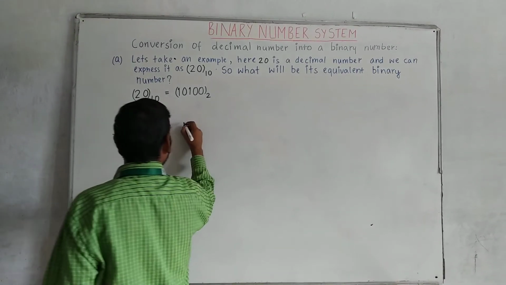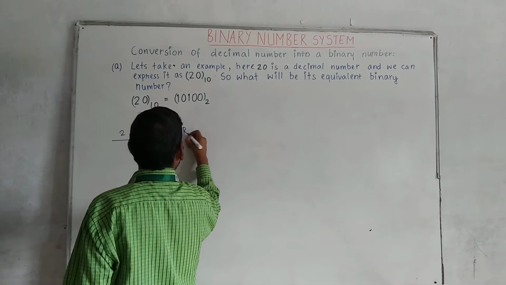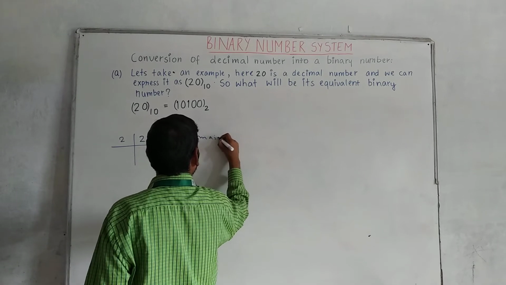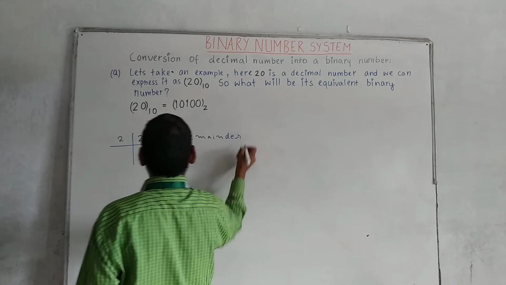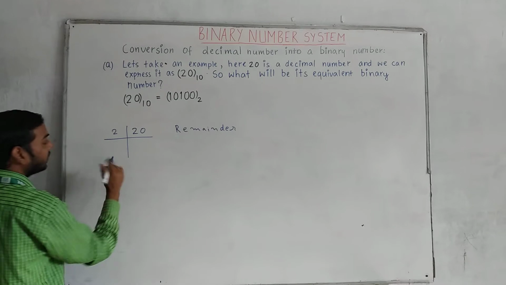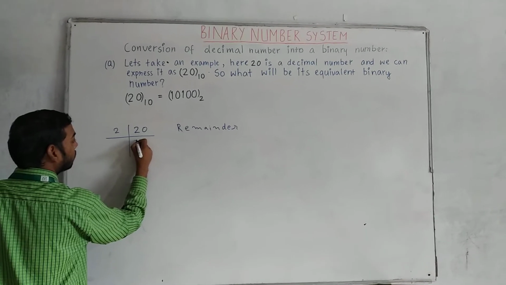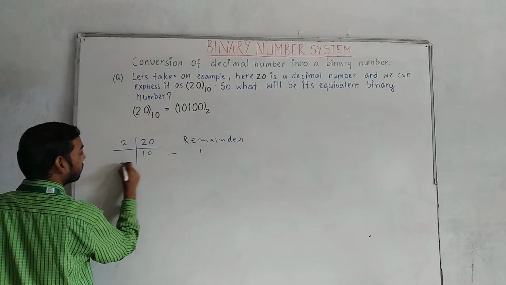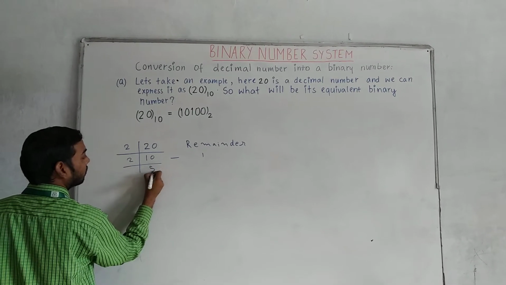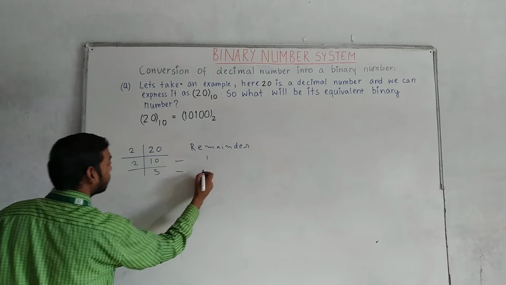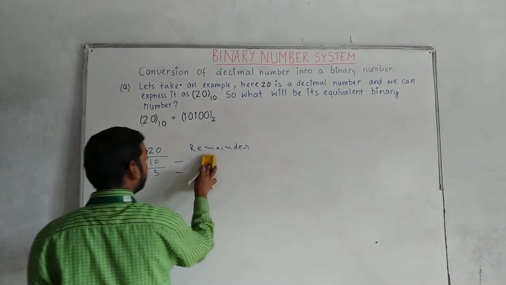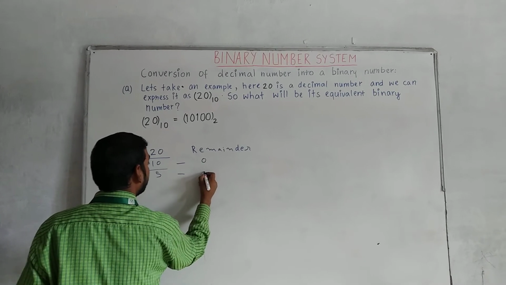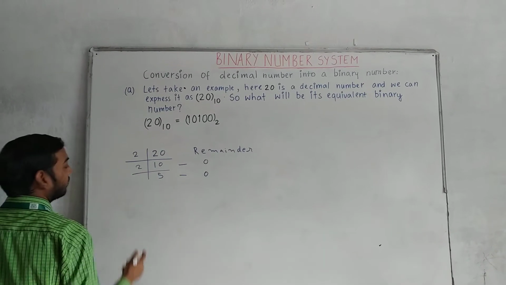And here we are interested in the remainder. When we divide 20 by 2, the quotient will be 10 and the remainder 0. Then here the remainder will be 0, and then here it will also be 0.